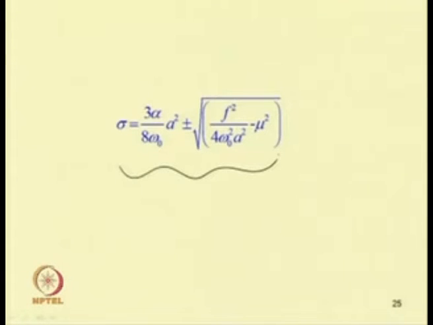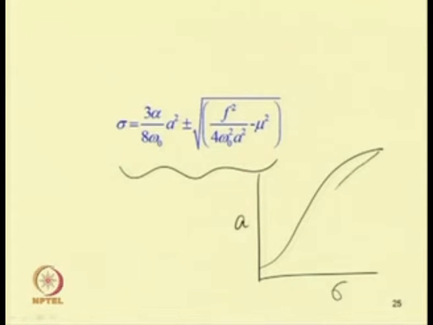So, by plotting the response amplitude versus detuning parameter sigma, one can get the response like this, where one can observe the jump up or jump down phenomena.